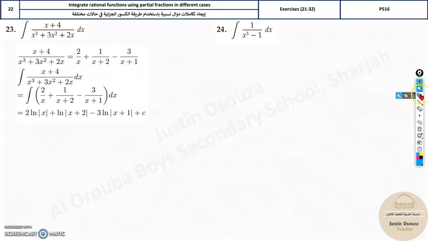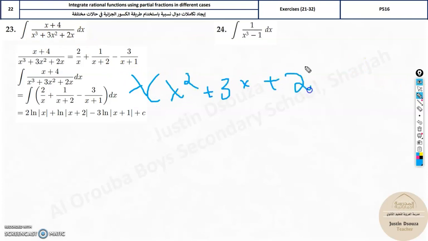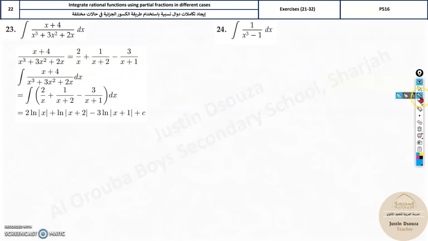How do you solve this? It is basically remove this x out and you will have x squared plus 3x plus 2. And then this can be solved in the calculator, or directly you can put this in the calculator. You'll get 3 factors. And then all you need to do is simplify them. Do the same method.